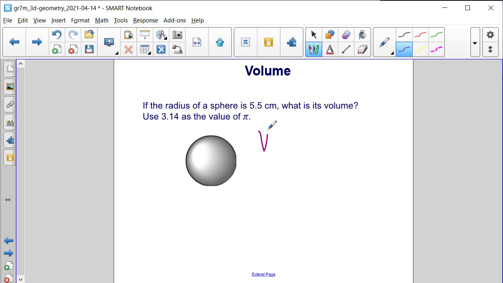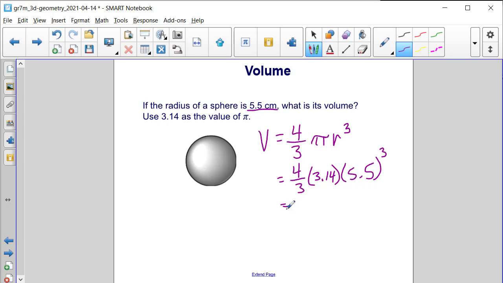Well, we know that the volume of a sphere is equal to 4/3 times pi times the radius cubed. Well, we know that the radius of this sphere is 5 5/10, or 5.5. So if we substitute that value in for the radius and 3.14 in for the value of pi, we will have this formula that we will use to calculate these values.